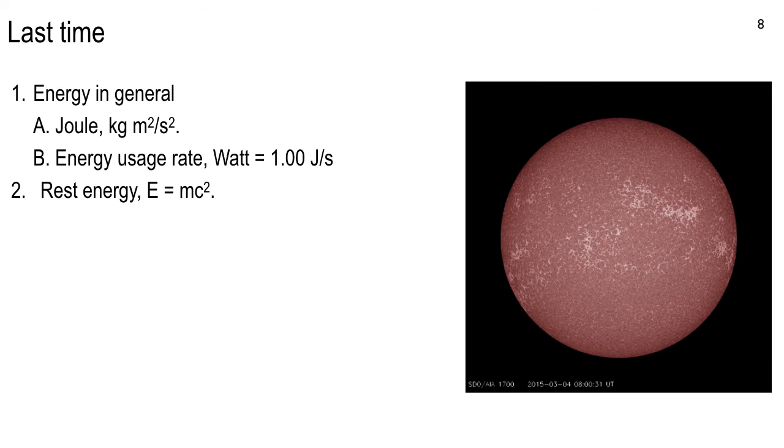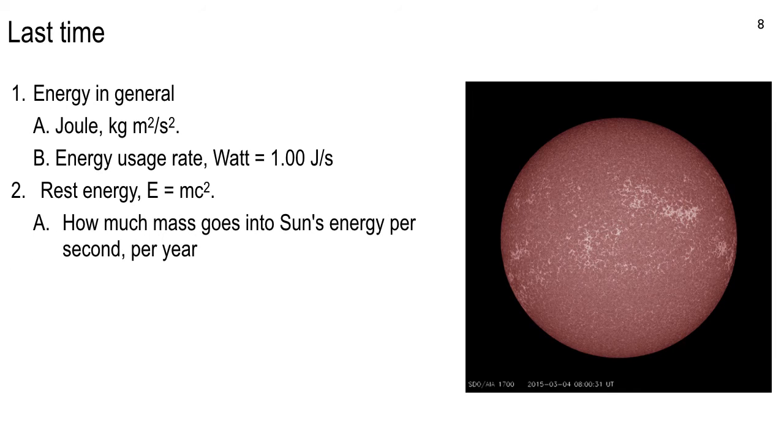Another thing we worked through is rest energy. I'm going to give you a little more instruction about that in lecture today. Rest energy equals mc squared, the famous equation. What we did was figure out how much mass of the sun's 10 to the 30 kilograms goes into its luminosity per second. We also figured out how much per year.